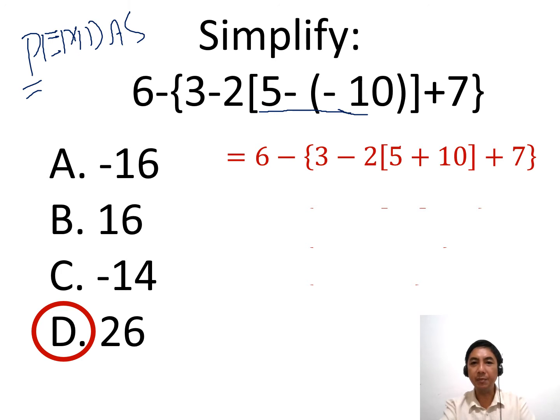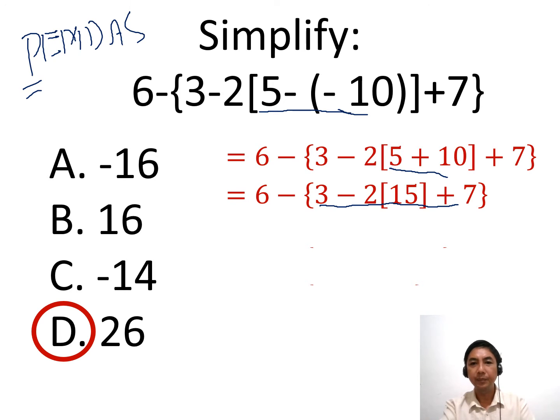Okay, and then we simplify here. We know that 5 plus 10 is 15. And then after that, we simplify the terms inside the brace, but we follow the MDAS, so multiplication first. So negative 2 times 15 will give you negative 30, and then you can use the AS, or the addition or subtraction.